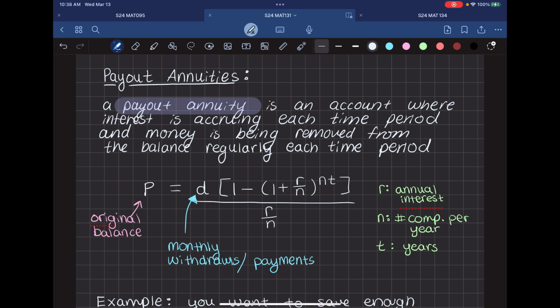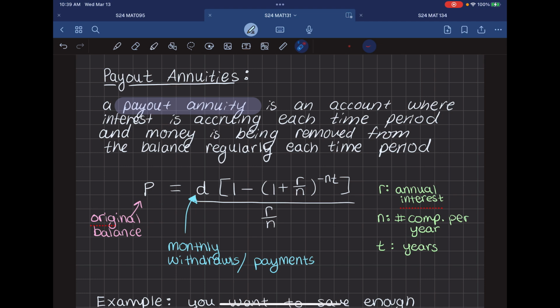So we have a formula just like we did with a savings annuity. It's kind of similar, but it is different. And I actually see a mistake right here that I'm going to fix. Okay, so for a payout annuity, we have the original balance, so for instance, if this is a loan, it's going to be the original balance of the loan.